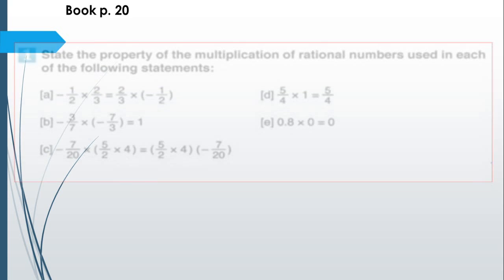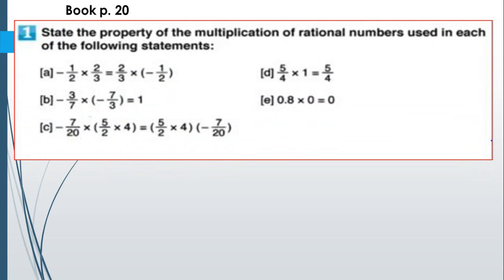Let's have an example. State the property of the multiplication of rational numbers used in each of the following statements. Negative 1 over 2 times 2 over 3 equals 2 over 3 times negative 1 over 2. It's commutative, yes.